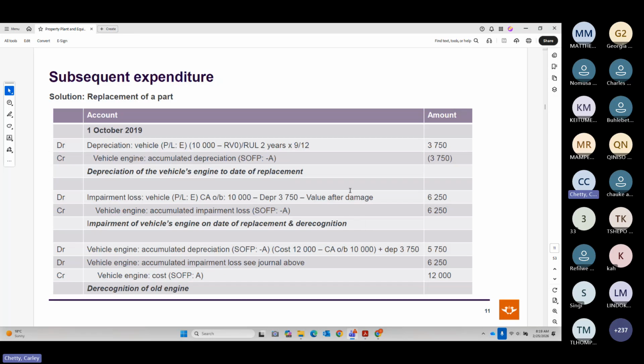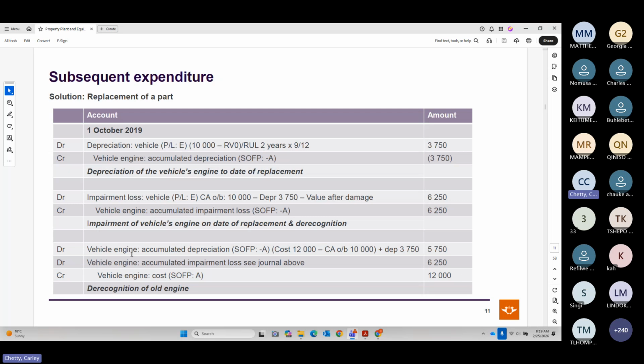So now we depreciated the old engine and we've impaired it. Now we need to strip it out and derecognize the old engine from our financial statements. So because the cost was debited when we bought the engine, now we need to credit the cost.